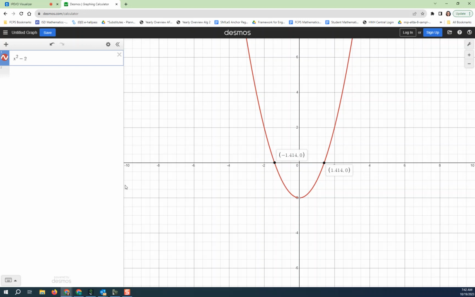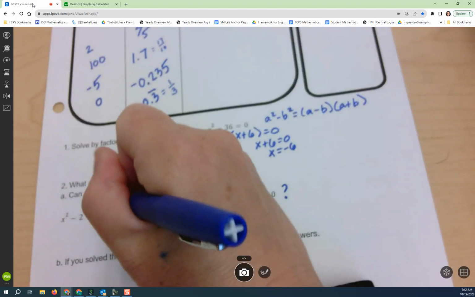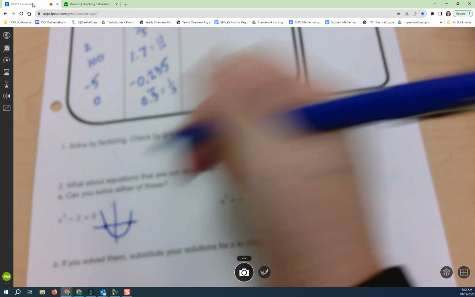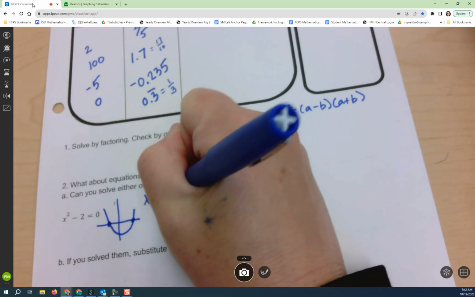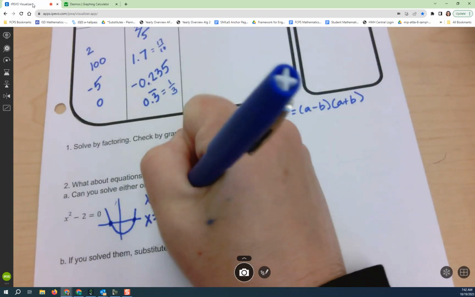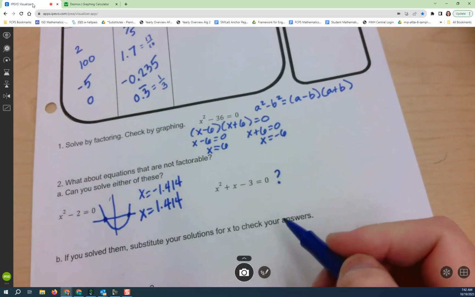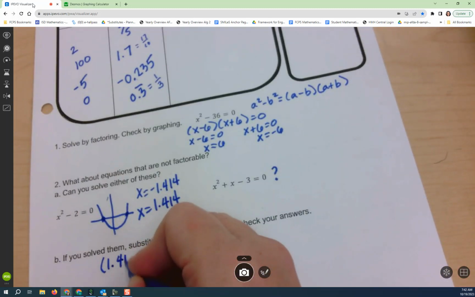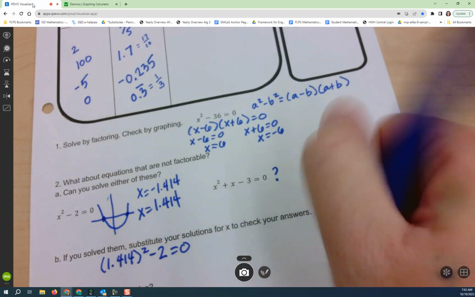So I'm going to put on the paper that we tried graphing. When we graphed it, our solutions were x equals -1.414 and x equals positive 1.414, but they're not exact. And we know they're not exact because I'll substitute the positive 1.414 for x to see if I can get 0 out of it.